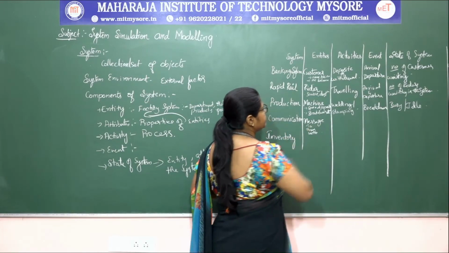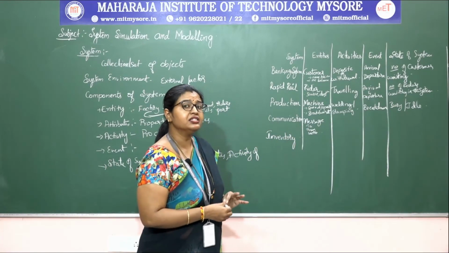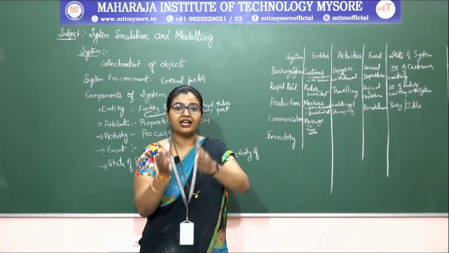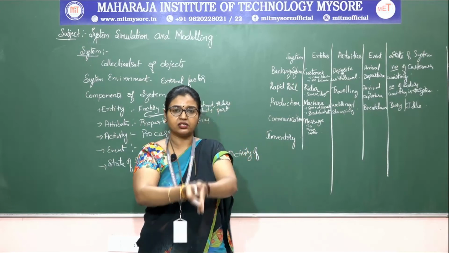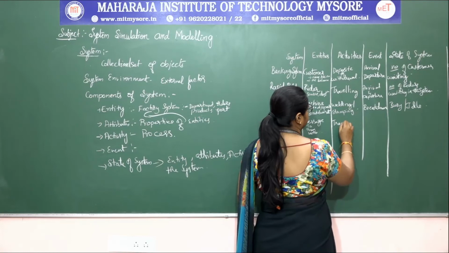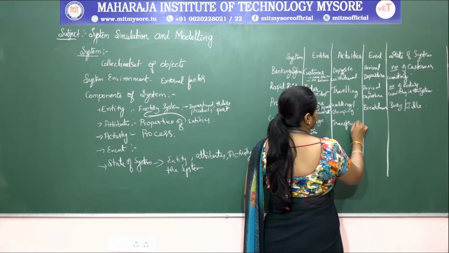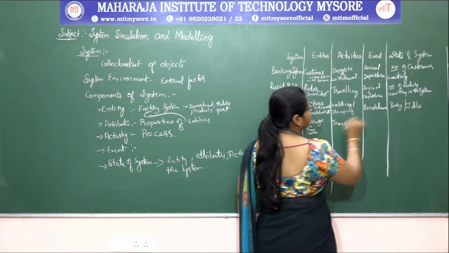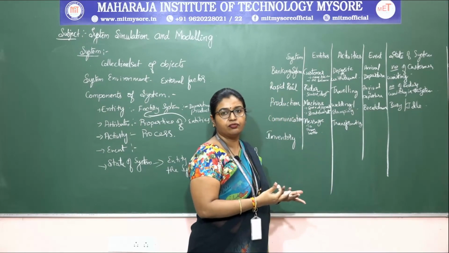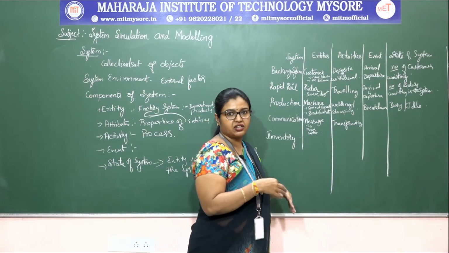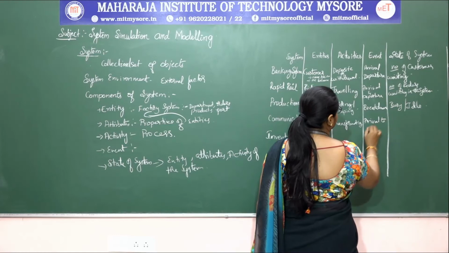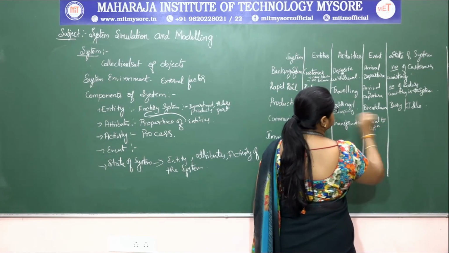Now if those are the attributes, then what is the activity of this communication channel? We need to transfer that message from one system to another system. That is transmitting. Next, what will be the event? Arrival of that message at the destination.